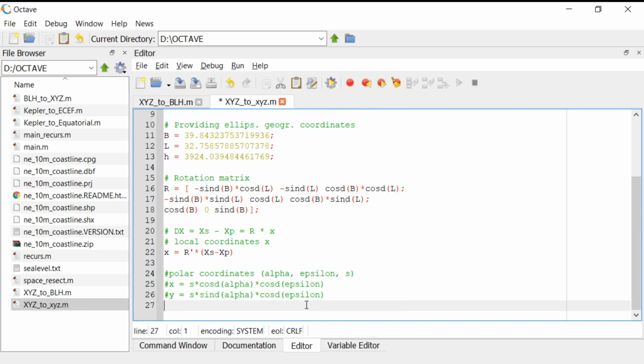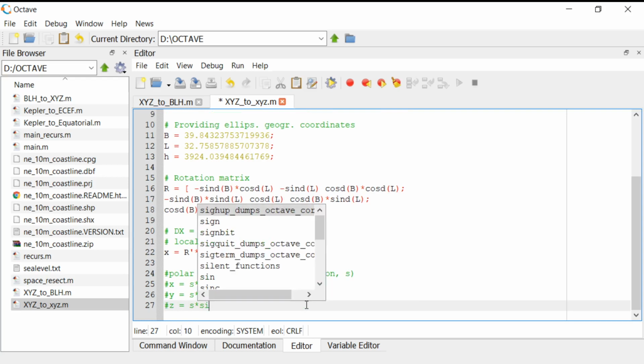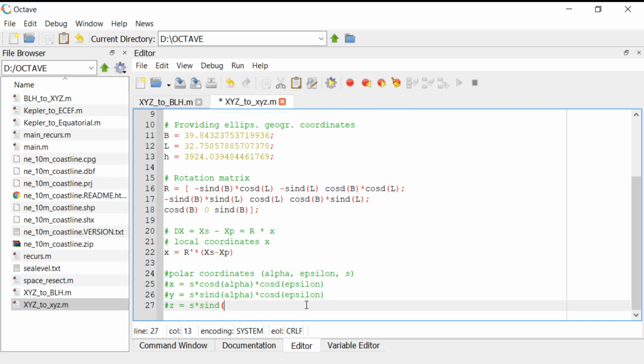And my z component here will be s times sine of epsilon.